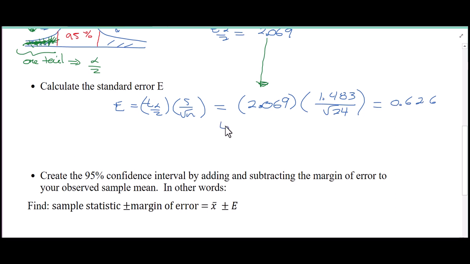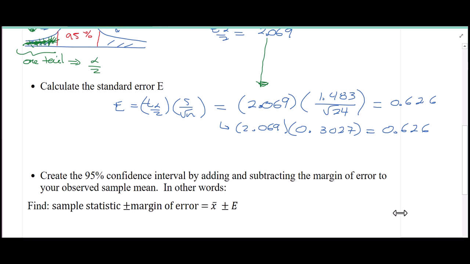Remember, we found this earlier in the notes: 1.483 divided by the square root of 24 was 0.3027. You can just reuse that instead of reinventing the wheel, and that's how I got 0.626. If you did it exact, your number may be a little different than mine. All right, so that's our margin of error.